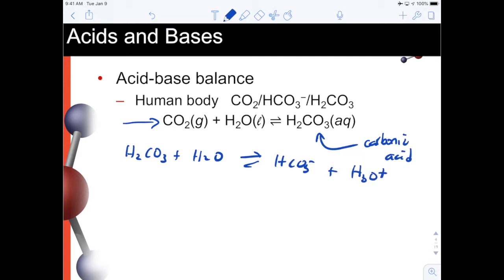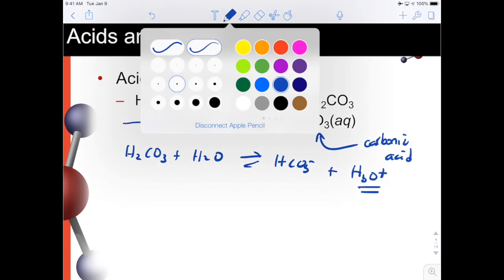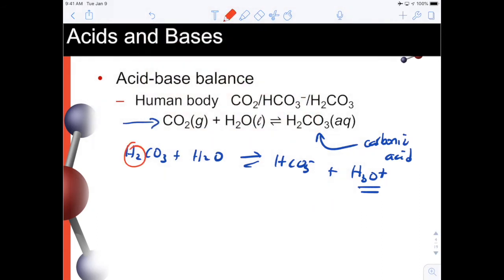And this is what we'll define as we go through the semester as the key to what makes something an acid: able to donate one of its protons. See, what it has done here is taken one of these protons and donated it to water, forming this species right here. It's really what we think about as an acid.